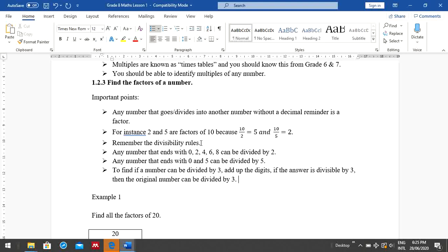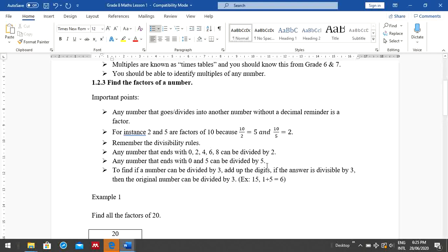Let's say, example, let's look at 15. Is 15 divisible by 3? Let's find out. We say 1 plus 5 will give us 6.